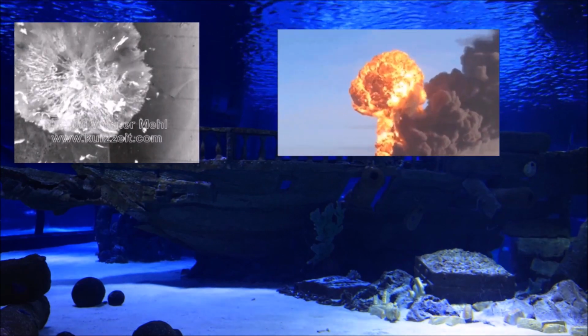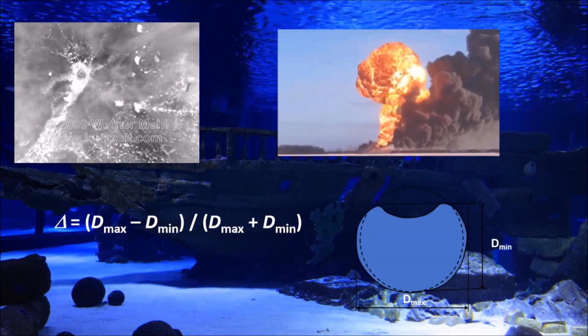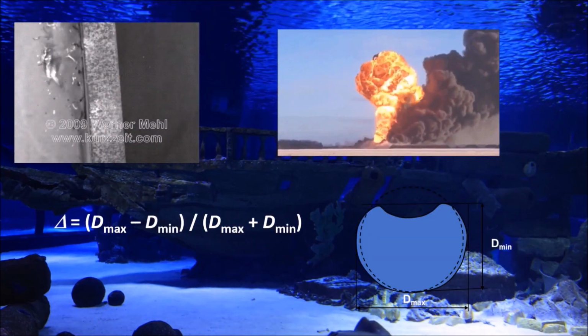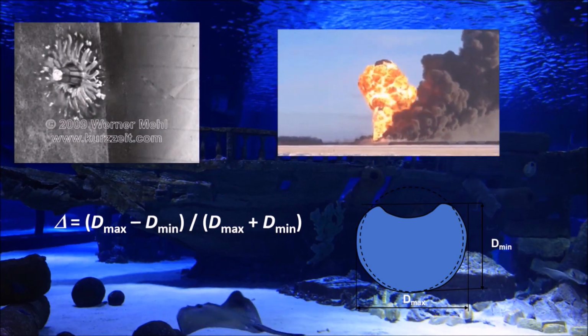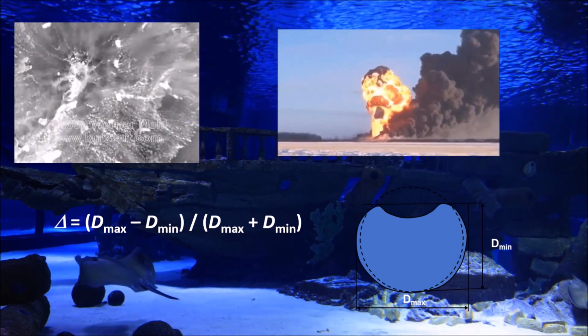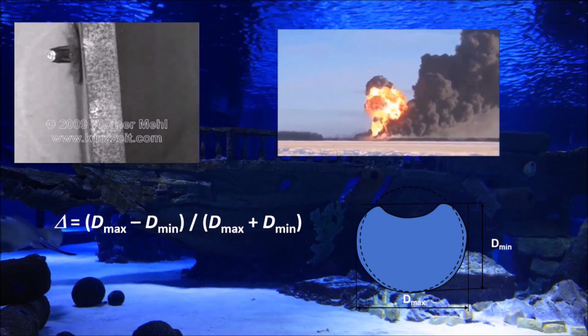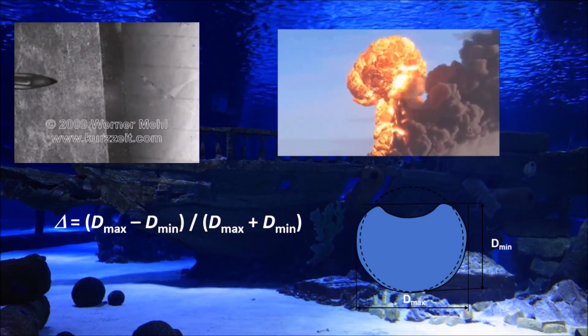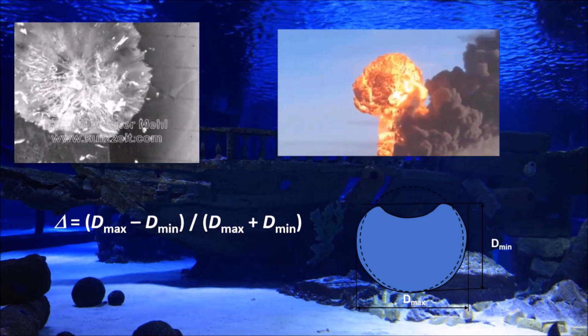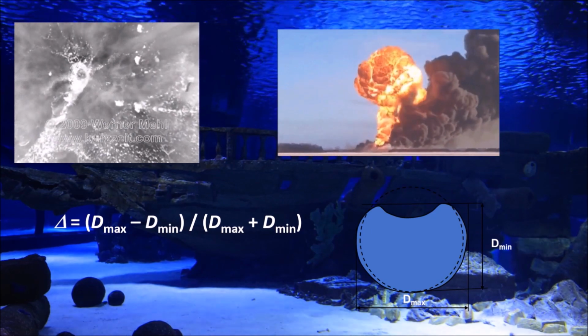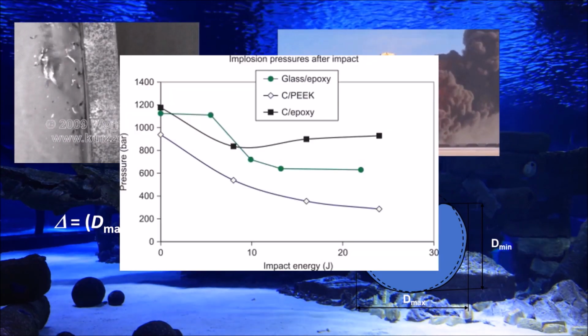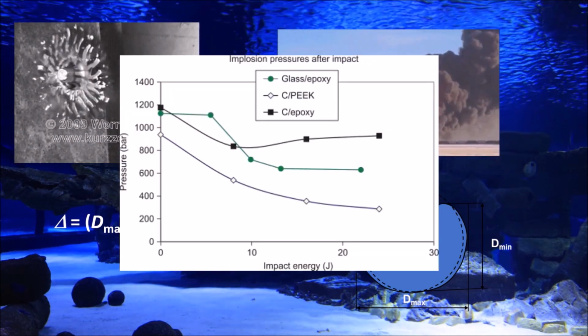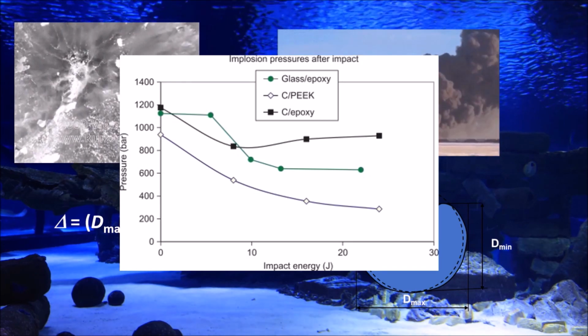The severity of the dent is measured by ovality calculated with this equation. Dents with delta less than 0.005 have little or no effect on the collapse pressure. However, if you have a dent with delta equal to 0.1, then collapse pressure may reduce by 50%. So you can see a significant impact is present due to the indentation.